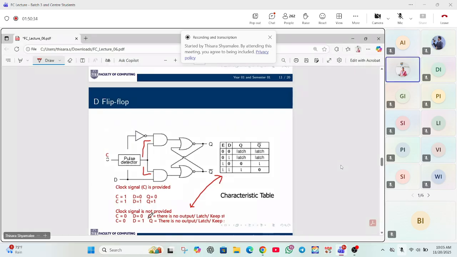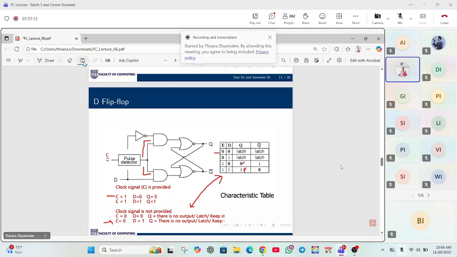Here C is 0 and D is 0, the first one, then the latch. Then 0 1, that means our second one, C is 0 and the D value is 1, then again latch. Then 1 0 gives 0, and 1 1 gives 1.